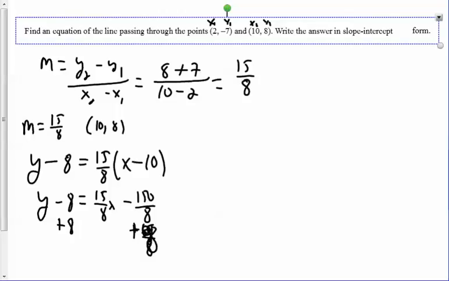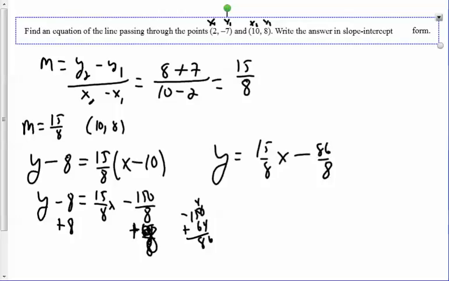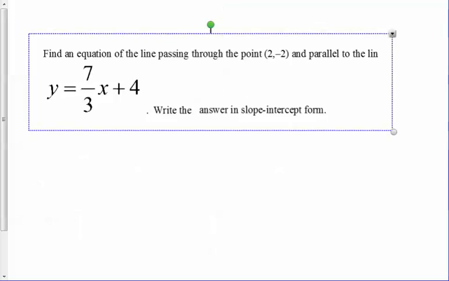And so y is equal to 15 over 8 x minus 86 over 8. Looks a little goofy, but it happens.